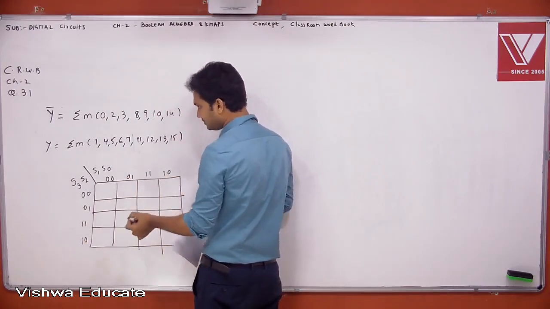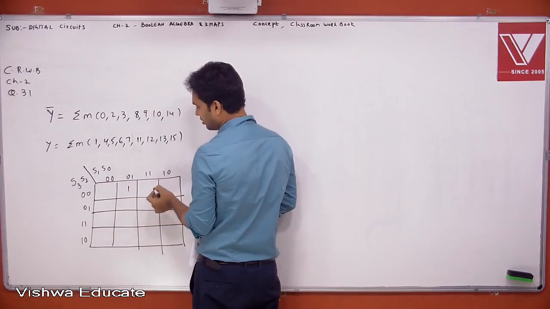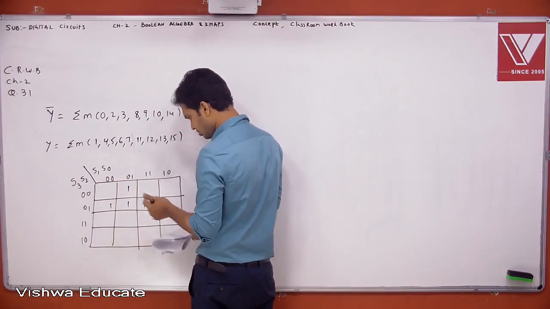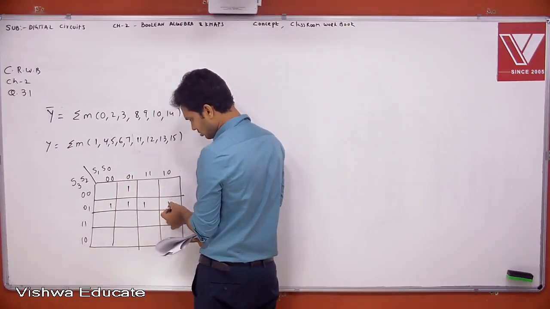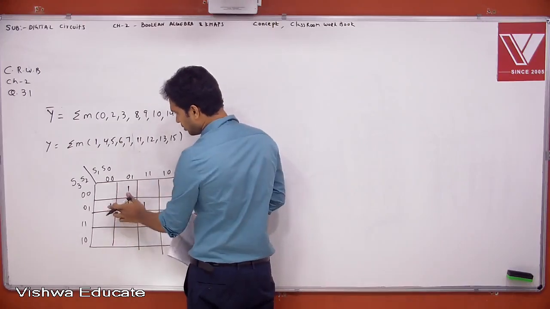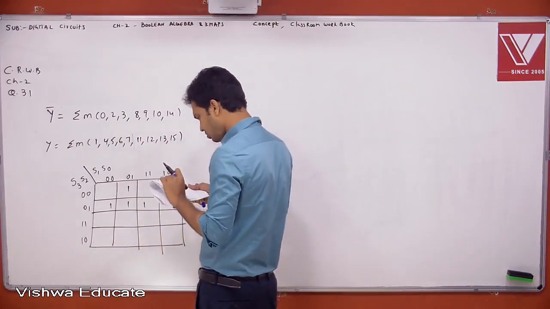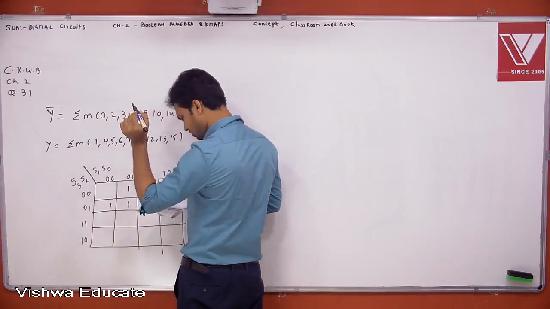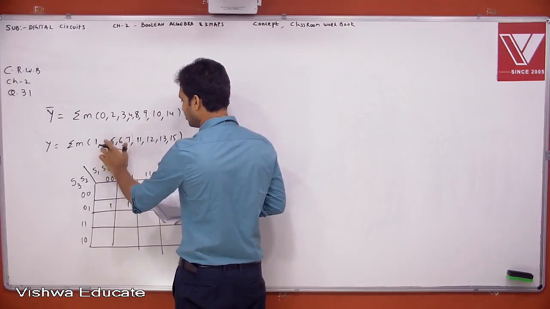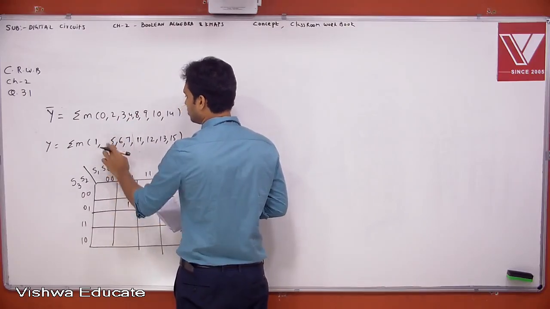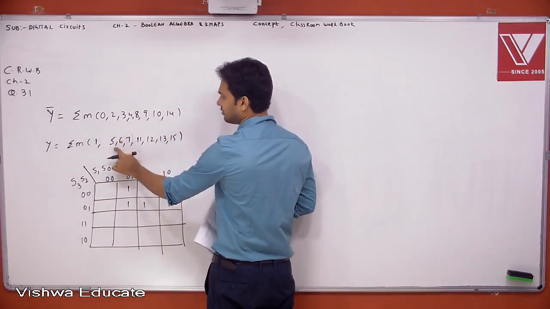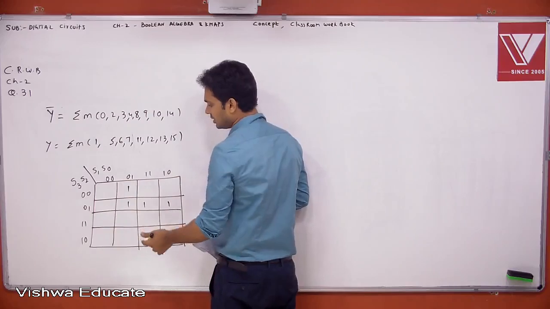So here 0, 2, 3, 4 is given. So here 4 is not present. Is it clear? In the question 4 is given, so in the y bar 4 is there. Y 4 will not be there.